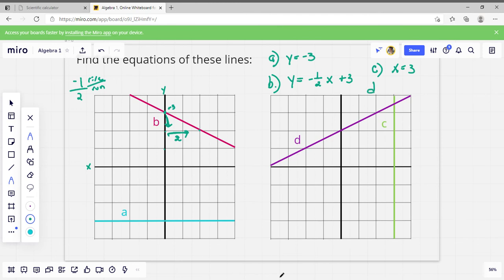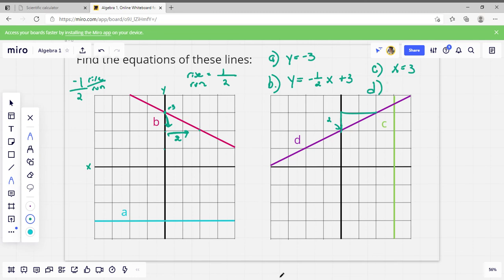And then D, all right, so my y-intercept is right here. That's at point 2. And then my slope is going to be uphill. I'm going up 1 over 2. So my rise is 1, and my run is 2.